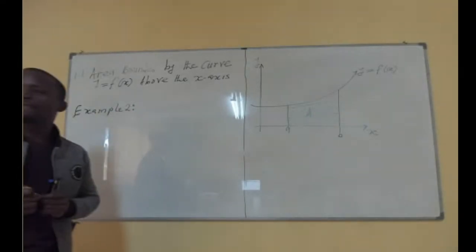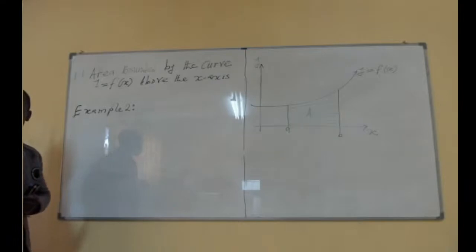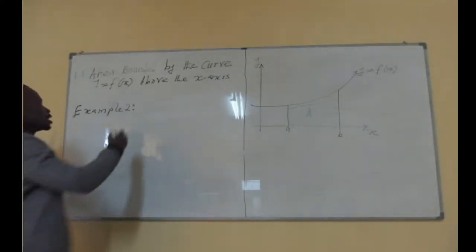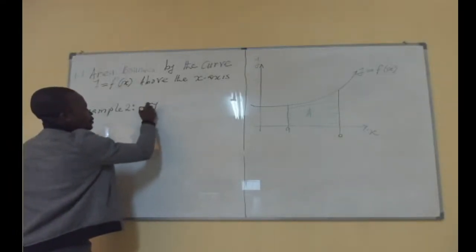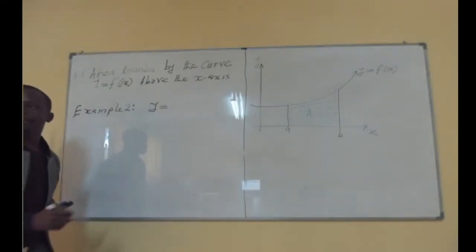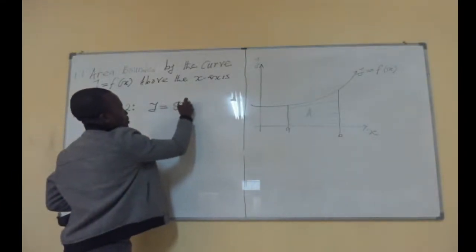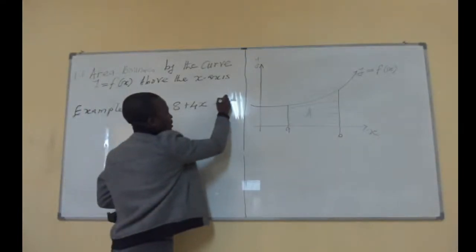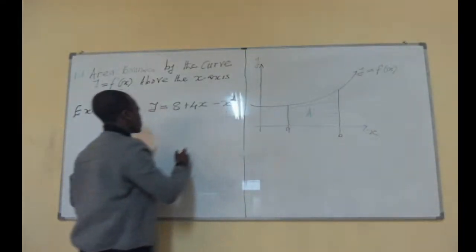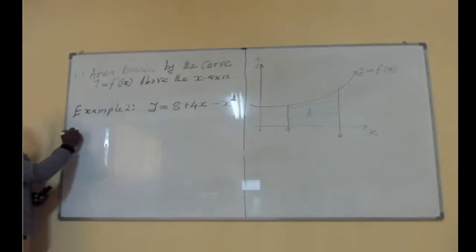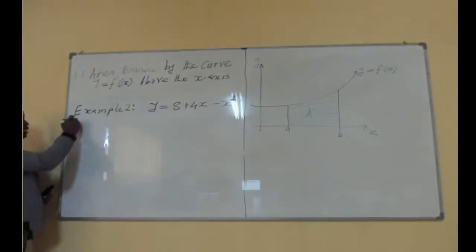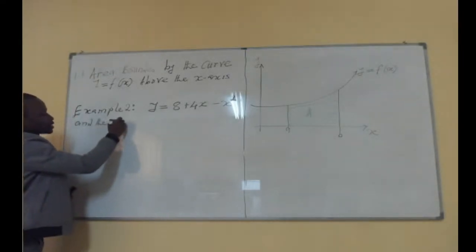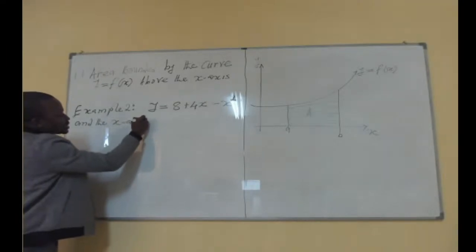The example reads: find the area bounded by the curve. I'll not be writing because you have the notes, so I'll just be reading it. Find the area bounded by the curve y equal to 8 plus 4x minus x squared, and the x-axis.